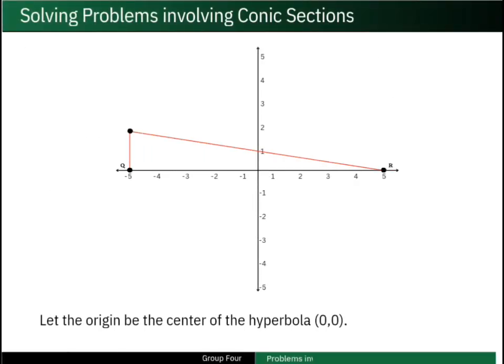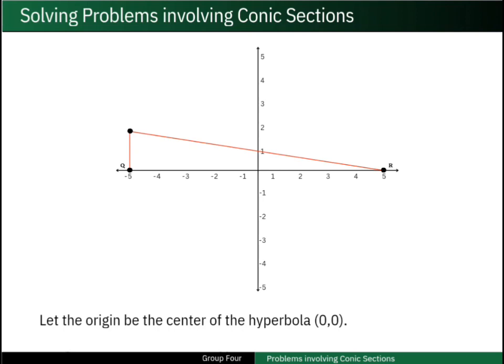So, from the given, we try to illustrate it as our reference to answer the question. Our group formed a graph. Here, we have the coordinate Q. Since negative 500 is a huge number to be seen in the graph, we simplify the illustration to understand and answer the question better.